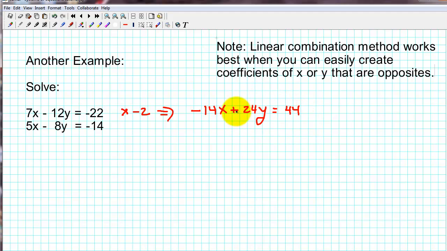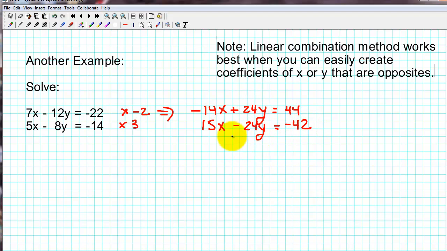Now I'm trying to create 24s in front of the y, so I have to multiply this equation by 3, and I'm going to multiply by positive 3 because I want this to turn out to be negative 24, so it'll cancel out. So now I have 15x minus 24y, and 3 times negative 14 is negative 42.